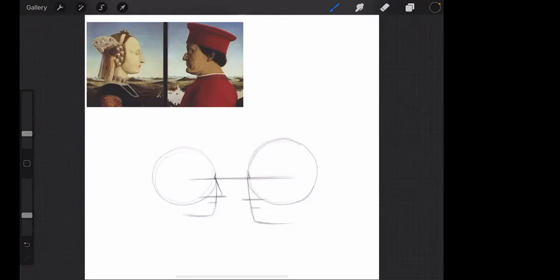And same for the Duke. You can find the indented part.